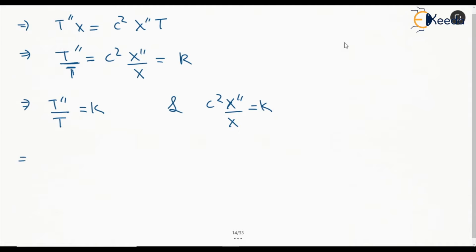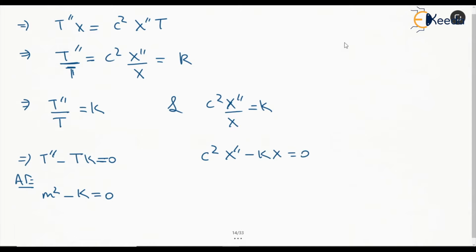This will give T double dash minus k times T equal to 0, and the auxiliary equation we will get is m square minus k equal to 0, and on this side we will get c square X double dash minus k times X is equal to 0.